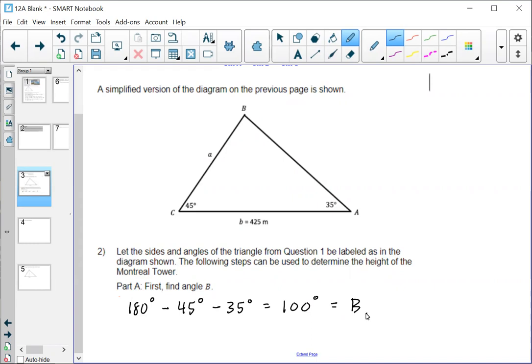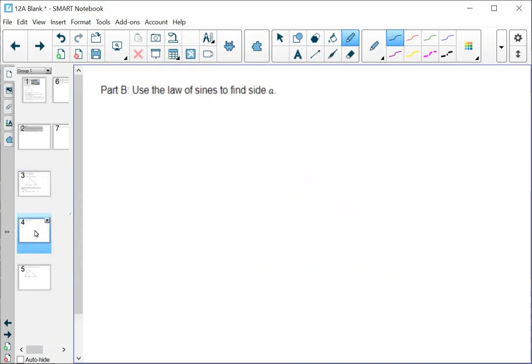Let's go on to the next screen. It says part B, use the law of sines to find side A. Well, the law of sines we can write as A over sine A equals B over sine B. And we don't know what A is, but we do know the sine of A. It's going to be the sine of 35 that we're going to use because angle A is 35 degrees, and that's going to be equal to B, which is 425.